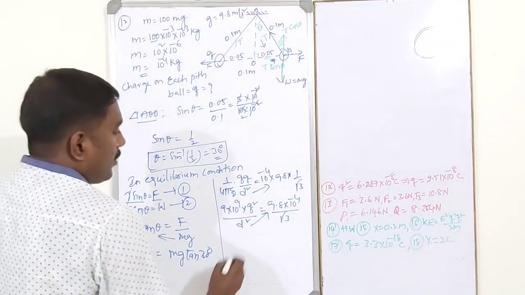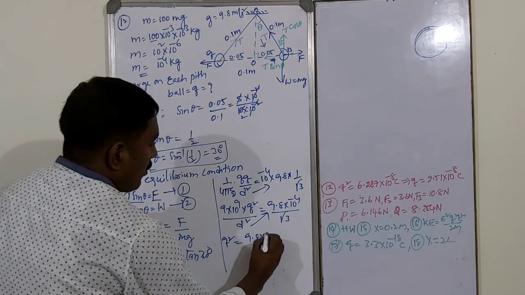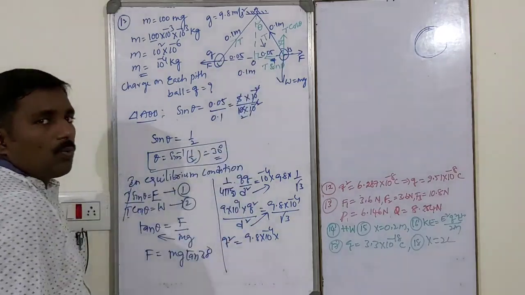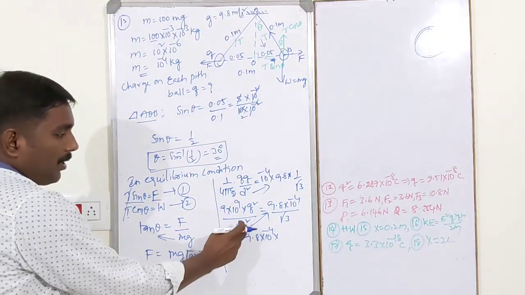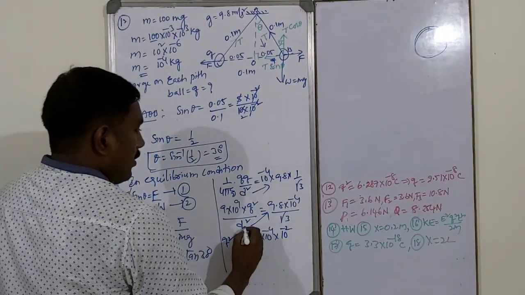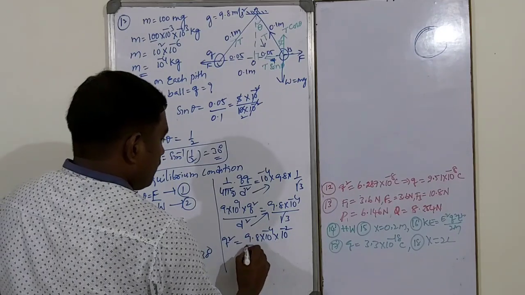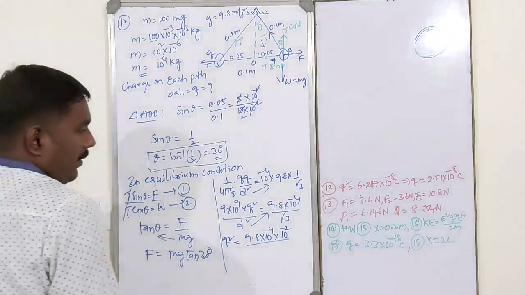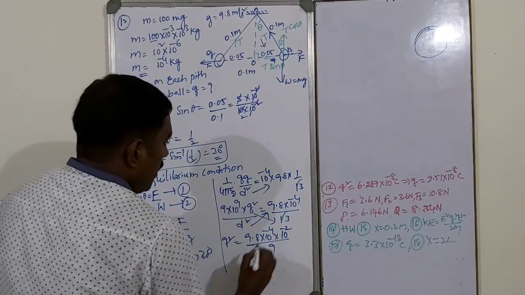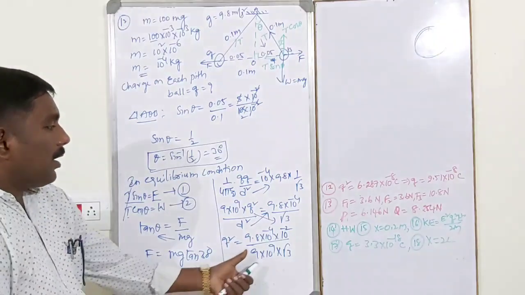Okay, so on cross multiplication, q square is equal to 9.8 into 10 power minus 4 into d square, the distance between them. 0.1, that is 1 into 10 power minus 1 whole square, so d square is 10 power minus 2. Divided by 9 into 10 power 9 into root 3. This is the q square value.